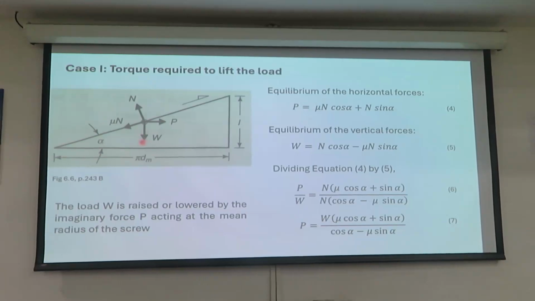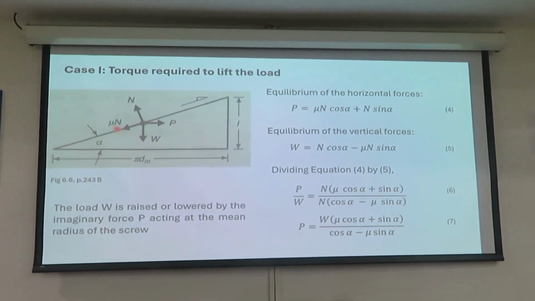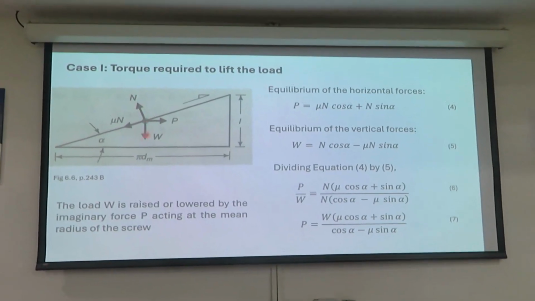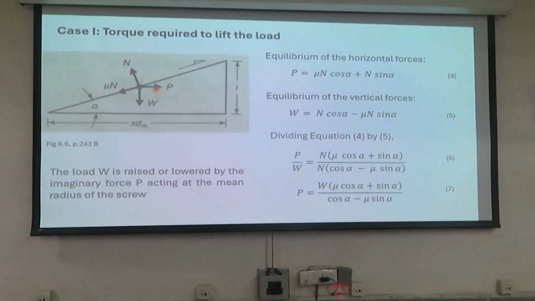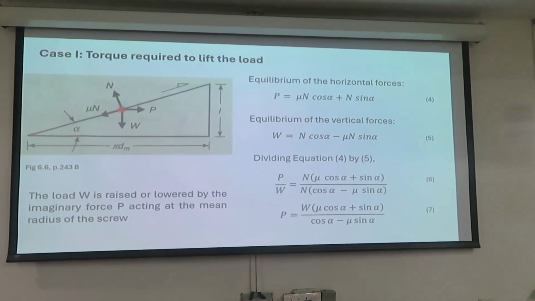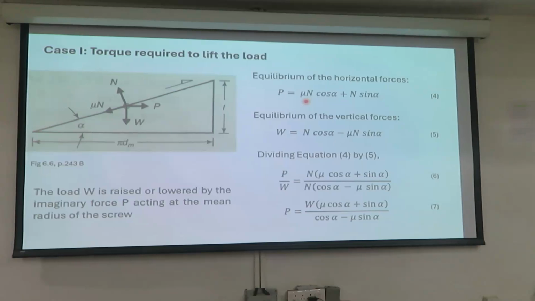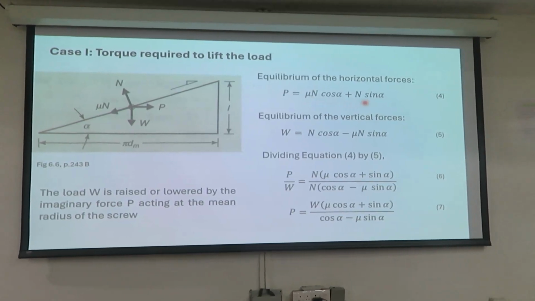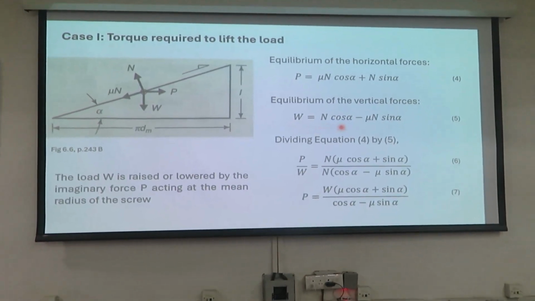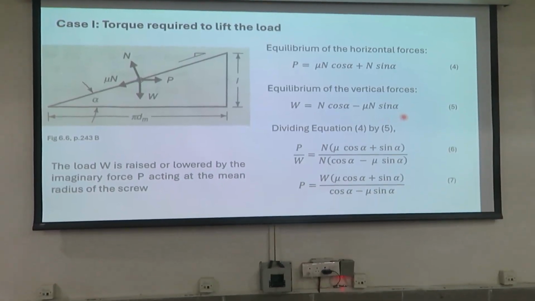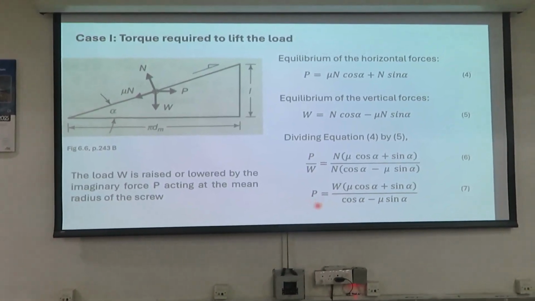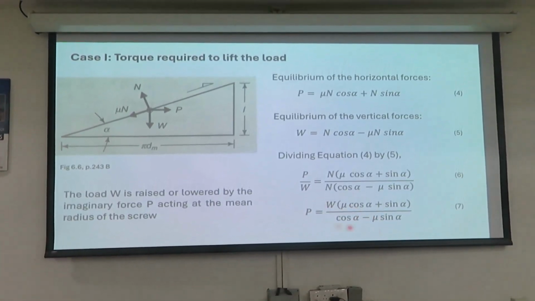Depending upon the friction, mu n is the force in this direction, n is the normal reaction, and P is an imaginary force to balance all this out. These are the forces at any point, so we can write those equations. P is equal to mu n cos alpha plus n sin alpha, and equilibrium of the vertical force gives W equal to n cos alpha minus mu n sin alpha. Dividing 4 by 5, we get this, and finally P is equal to W multiplied by this.